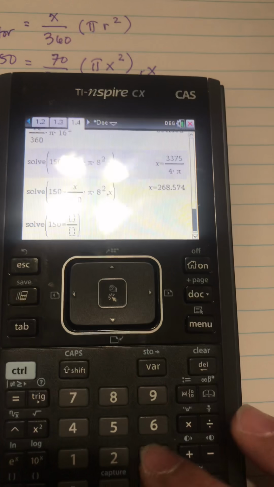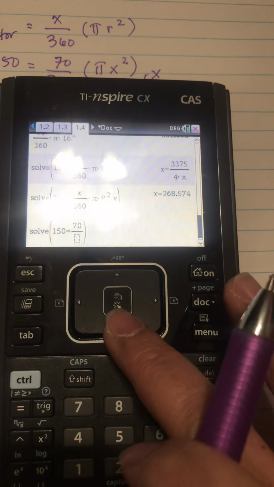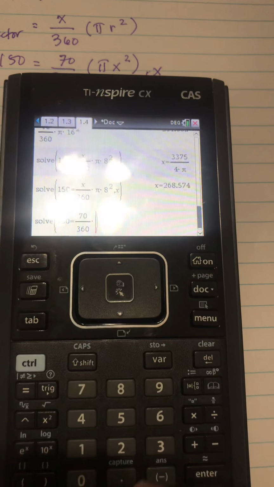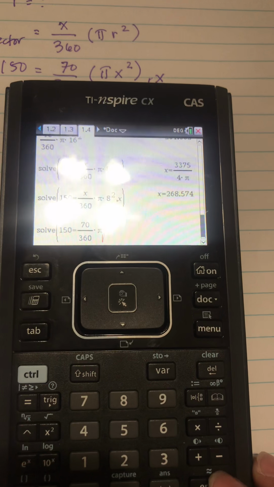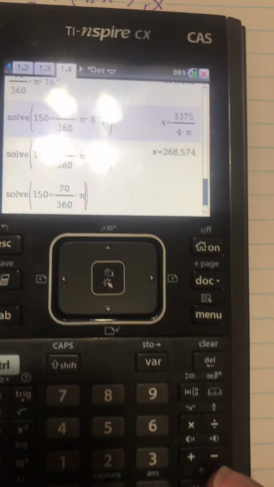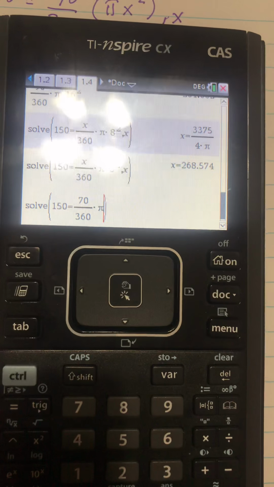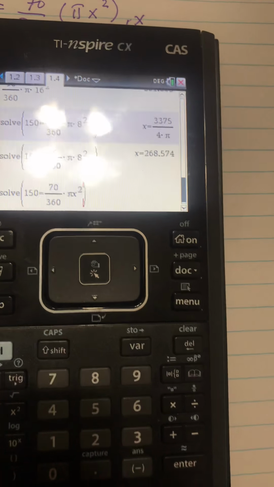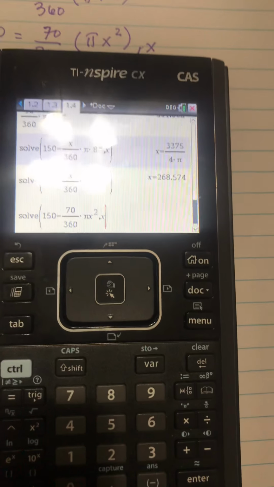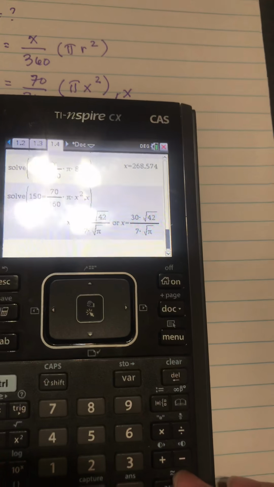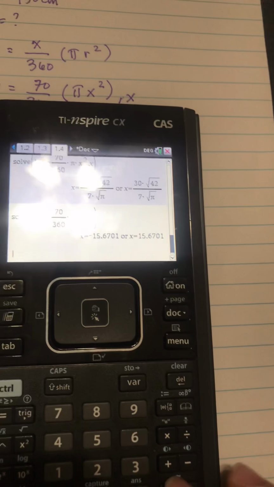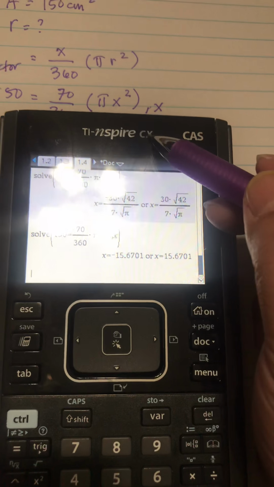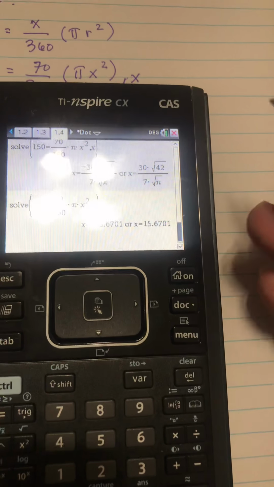We do have an angle, which is 70 over 360, then times pi, and we don't have the radius, so we will have to put x squared, comma x. Okay, press enter. It's giving me different values, but I only need one. I'm using a TI-Nspire CX CAS, so that's a different version.